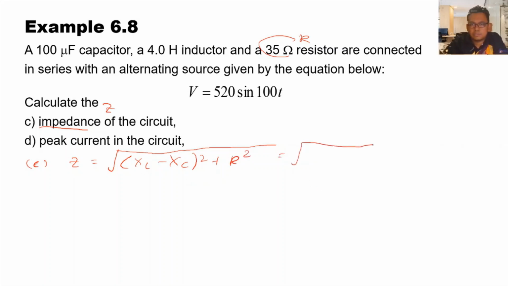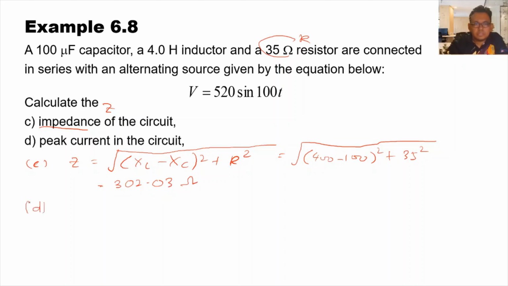XL is 400 just now, minus 100, squared, plus 35 squared, and I get the value 302.03 ohm.